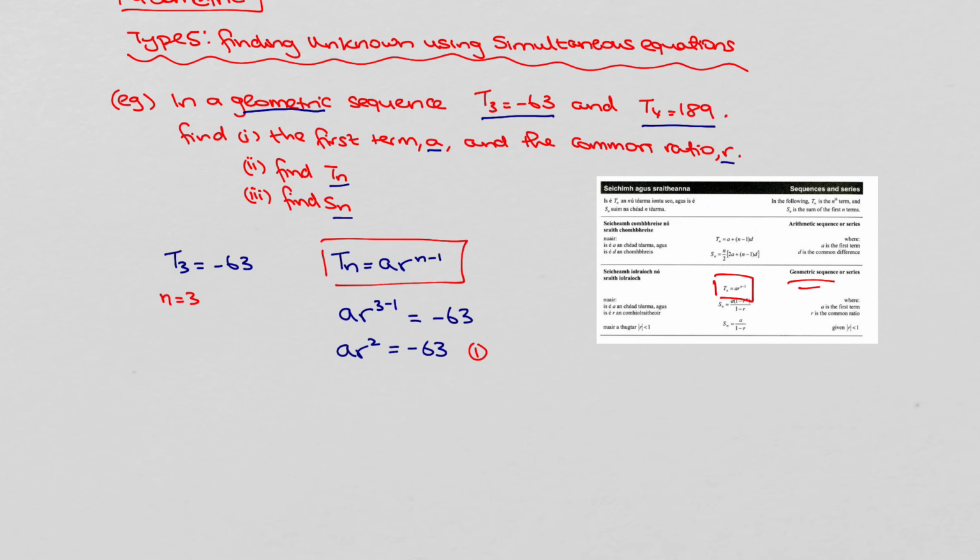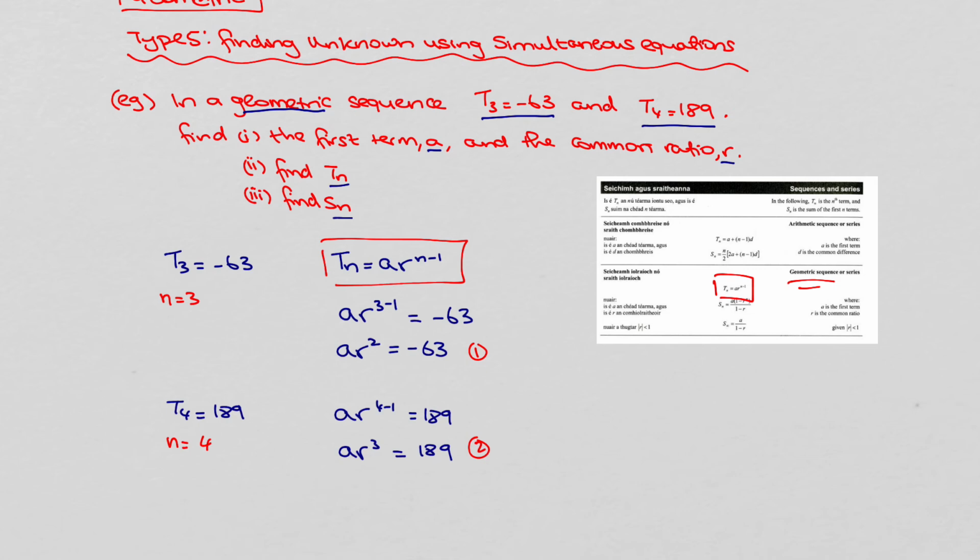And then if we look at T4 is equal to 189, then n is equal to 4. If I do the same again, we'd have a r to the power of 4 minus 1 is equal to 189. So therefore a r cubed equals 189. We can't subtract these because we have a multiplied by r squared and a multiplied by r cubed.